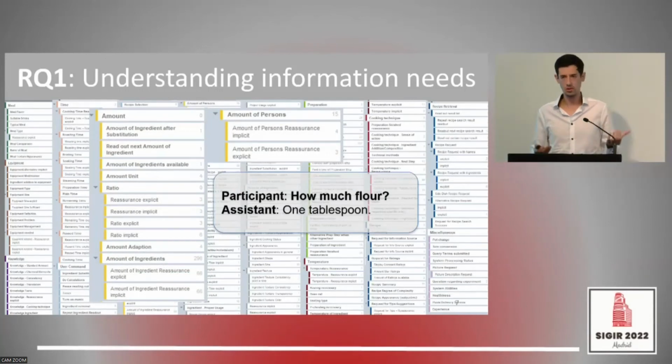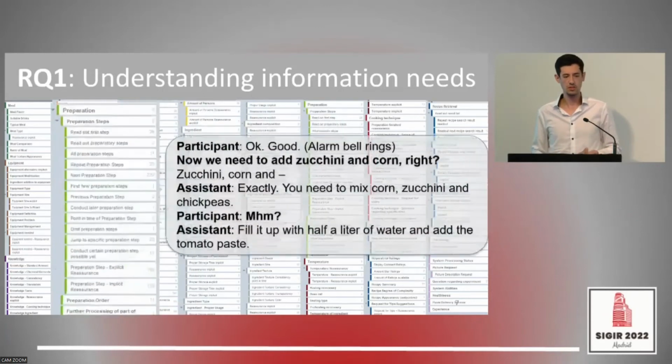Of course, there were a lot of amount-related questions, such as how much flour do I need, but also questions regarding the process. Participants asked, for instance, "And now we need to add zucchini and corn, right?" So it's about, what do I need to do next?